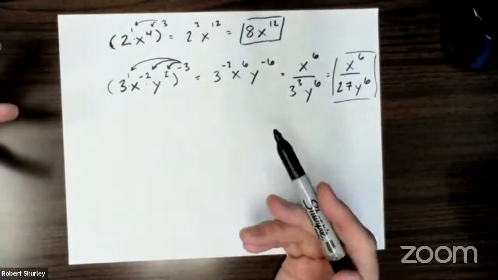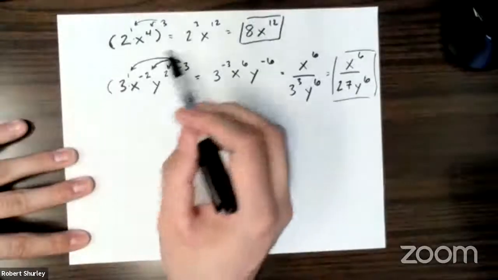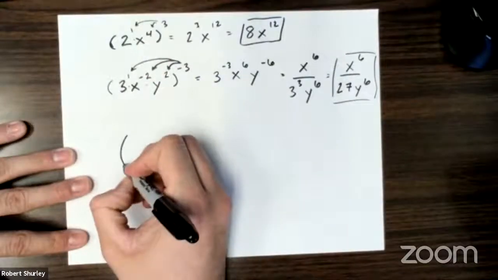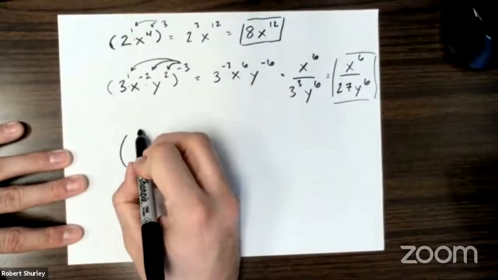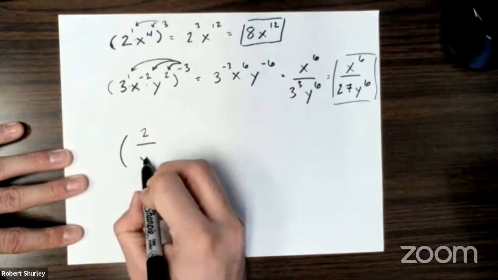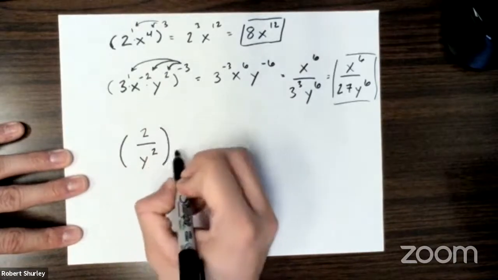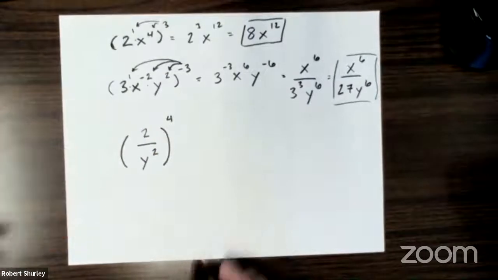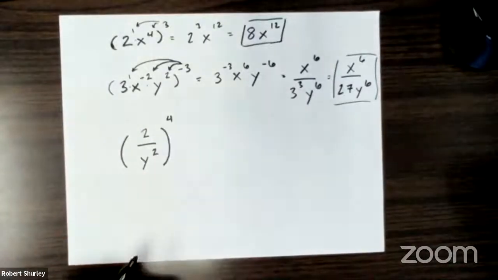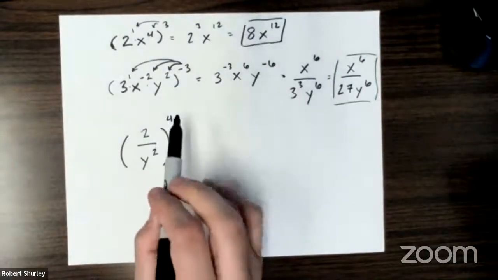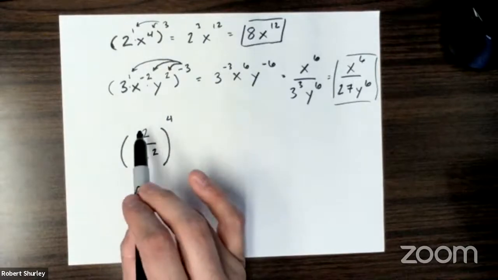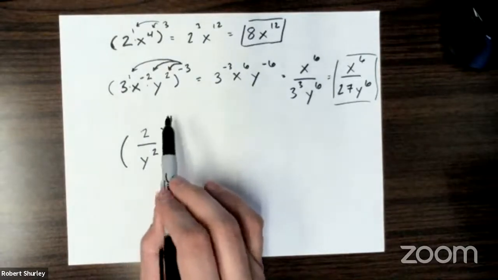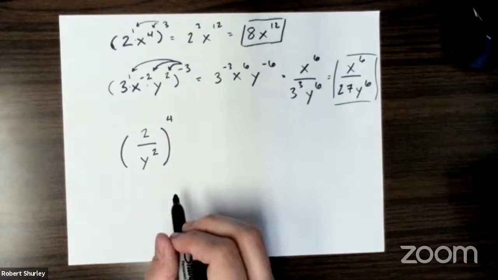Okay, so the next rule has to do with the quotient rule. It's very similar to this. Look, if we have a fraction, let's say we've got 2 over y squared, and we raise an entire fraction to an exponent, we have to make sure that every term in the numerator and denominator is raised to that exponent.